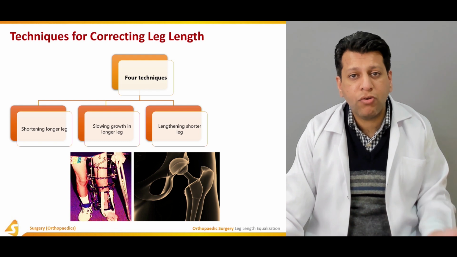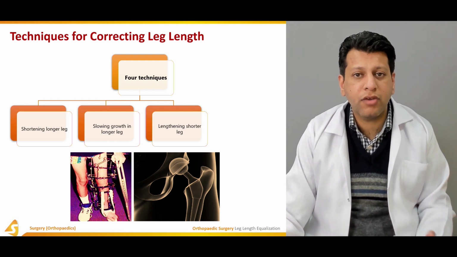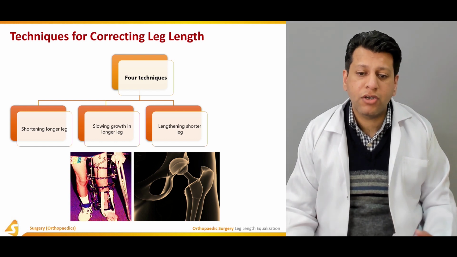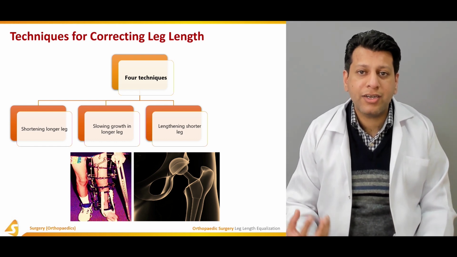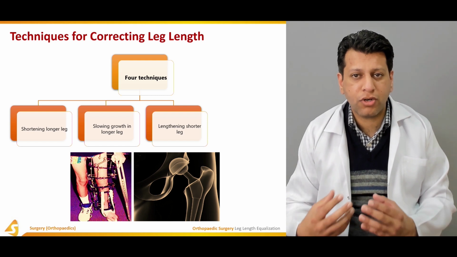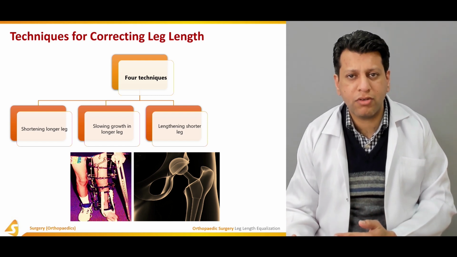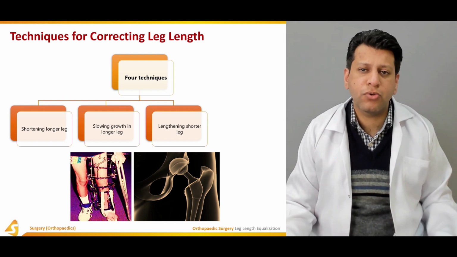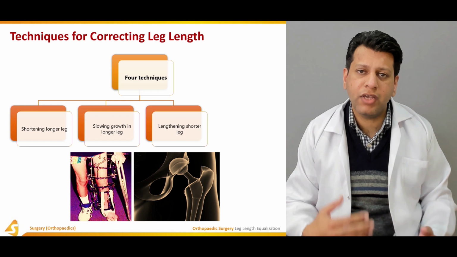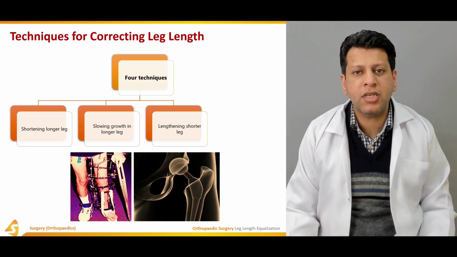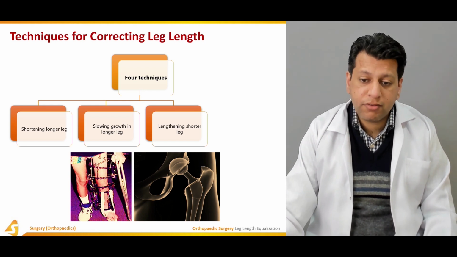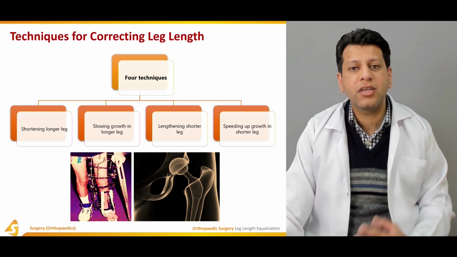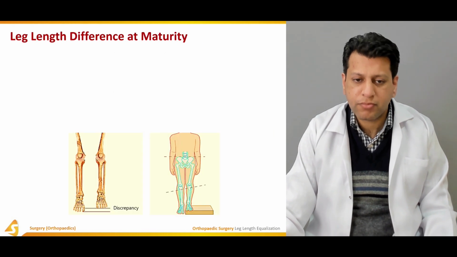Therefore, we have to go for a procedure such as lengthening of the shorter leg, which can be combined with either slowing the growth of the longer leg or shortening around 2 to 3 centimeters of the longer leg along with the lengthening of the shorter leg, so that if suppose it's 10 centimeter of LLD, then we have to combine certain procedures as well. Then the fourth option is speeding up growth of the shorter leg or combining the different procedures.